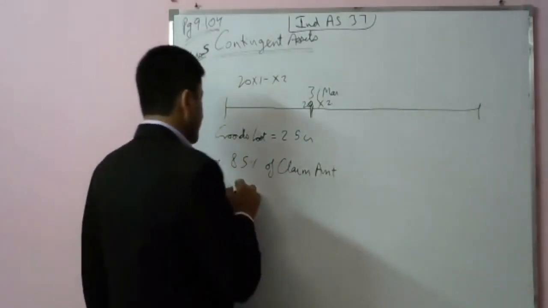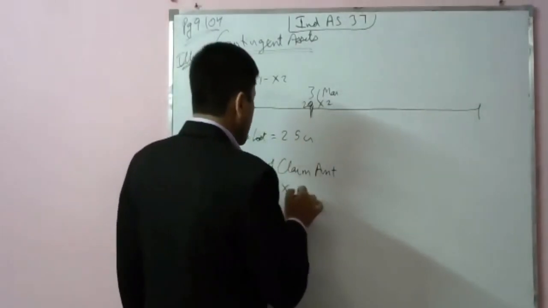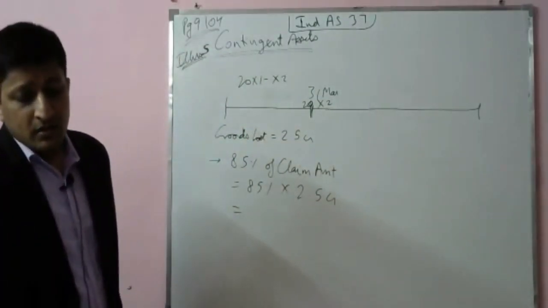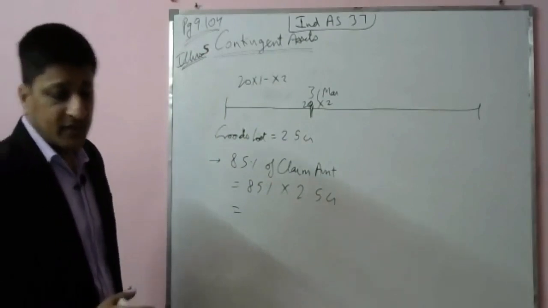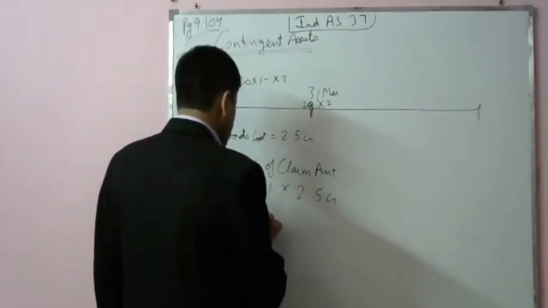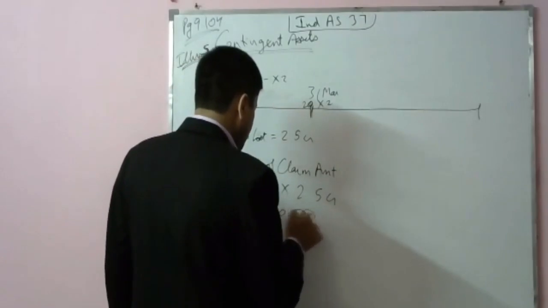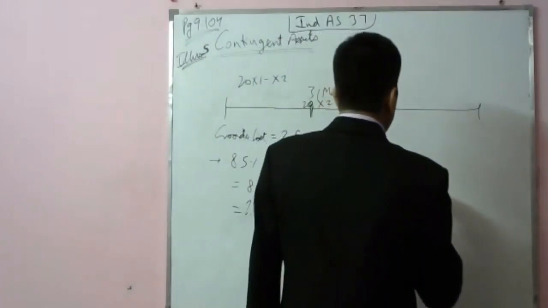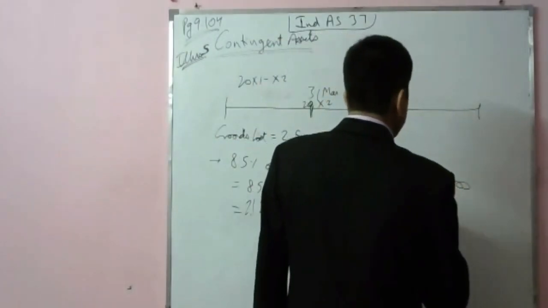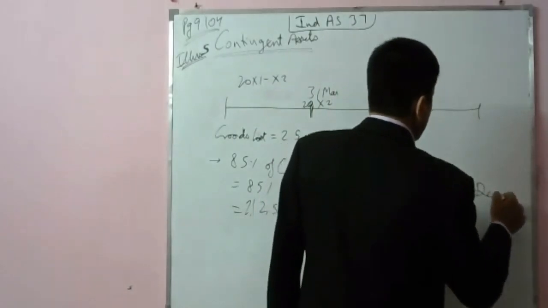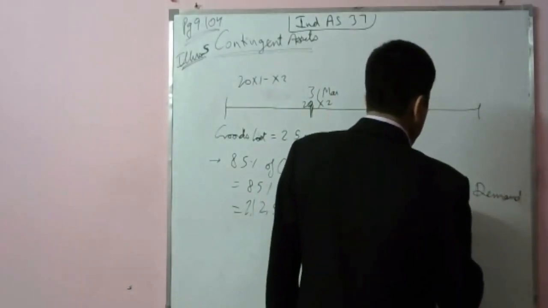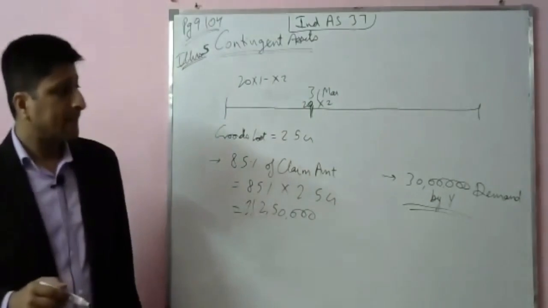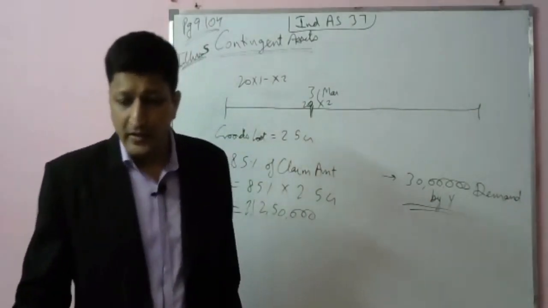That means 85% into 2.5 crore, that means 2 crore 12 lakh 50,000. This is one. The second aspect is the demand by Y, 30 lakhs.